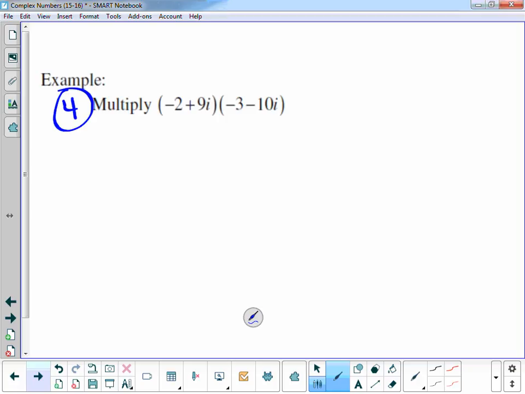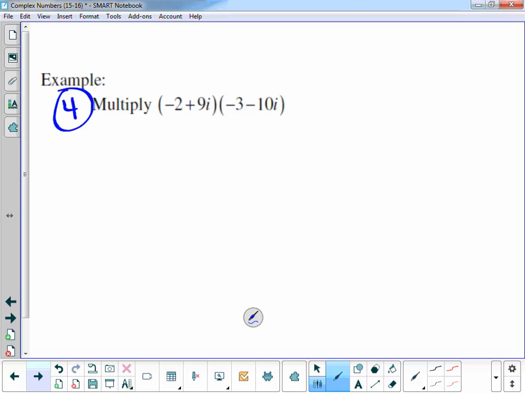So now let's multiply negative 2 plus 9i times negative 3 minus 10i. So when we multiply these quantities, do we need to use FOIL or the box? No. Wrong answer. Yes.